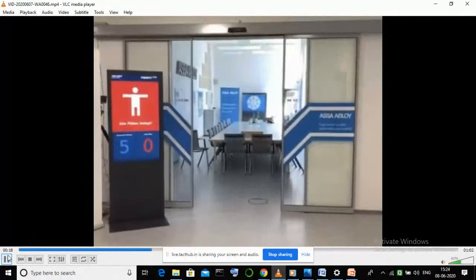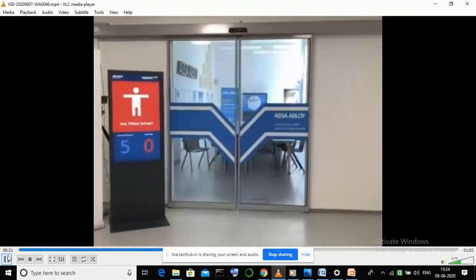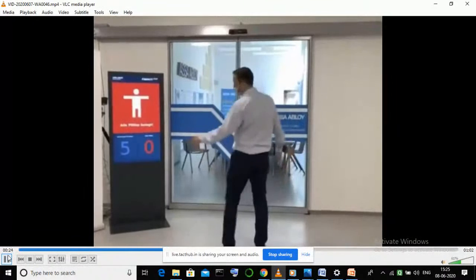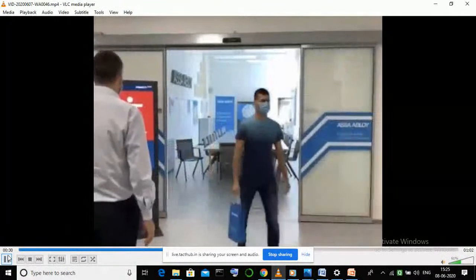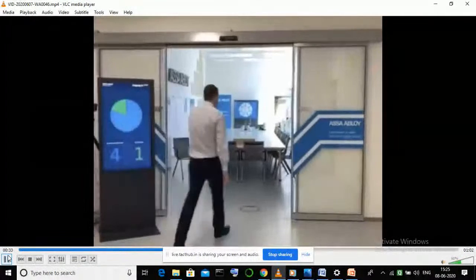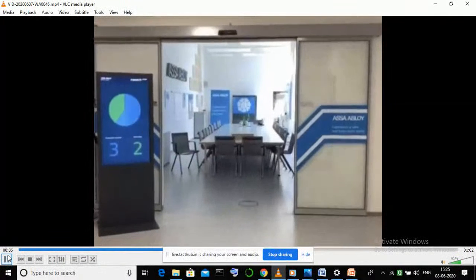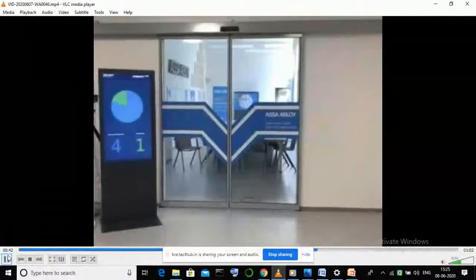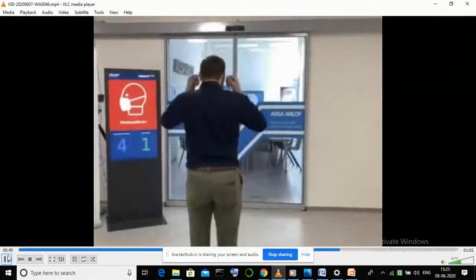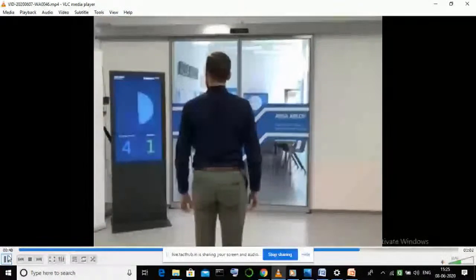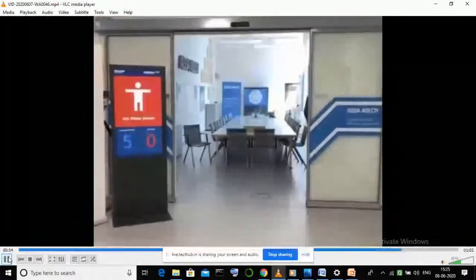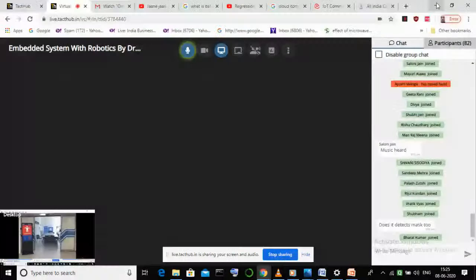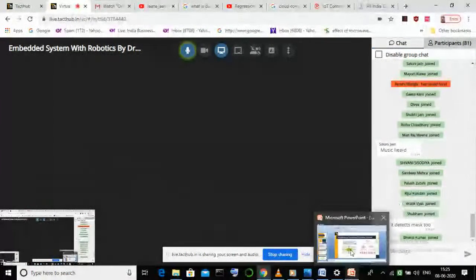Now it will close the door and not allow anybody. Now visualize that the person comes without a mask and is identified by the system itself. He is without a mask, he is identified. Now he is allowed after wearing the mask. So this is the application that we can have.